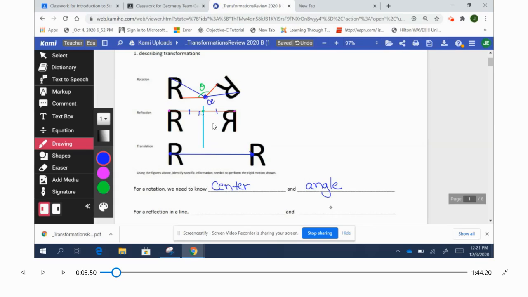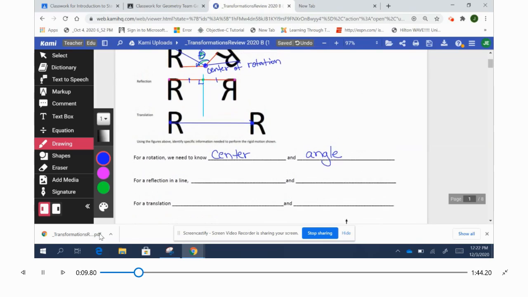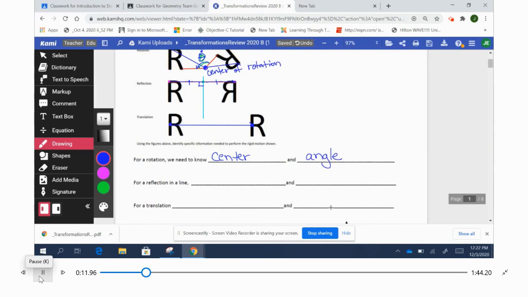For a line reflection, the line of reflection is the perpendicular bisector. For the line reflection, we're still working on that. What you're going to look for is the direction that the point has to travel, which is perpendicular to the line of reflection, and the distance.